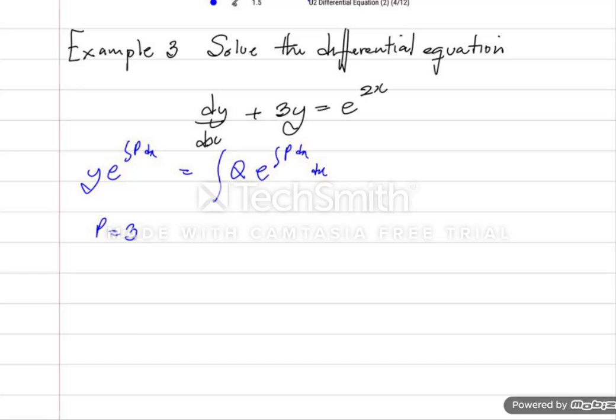p would be the constant or the function in x only in front of y, and q would be equal to e to the 2x.